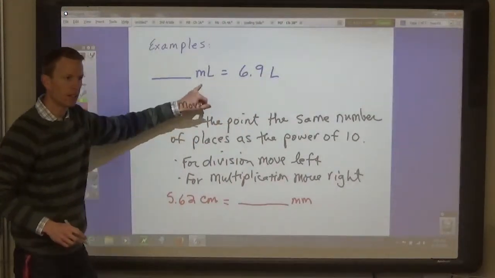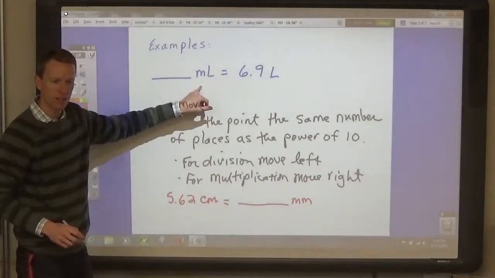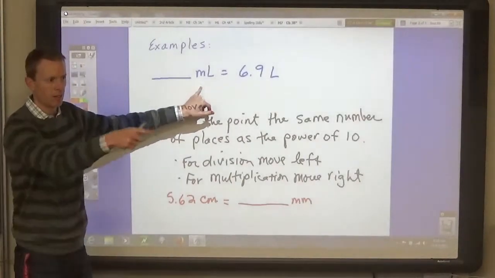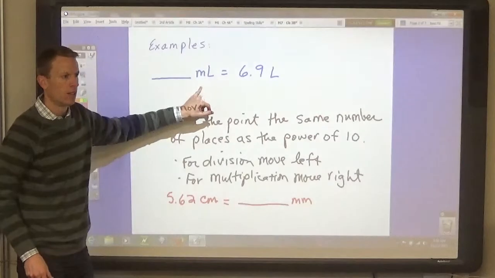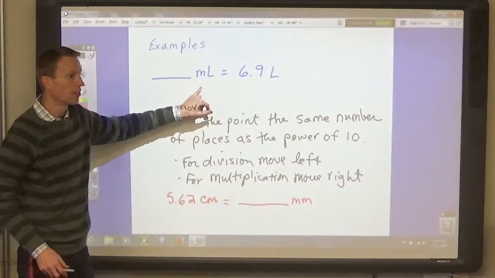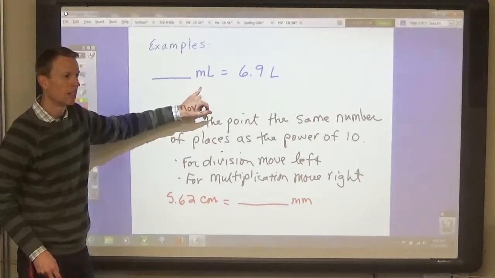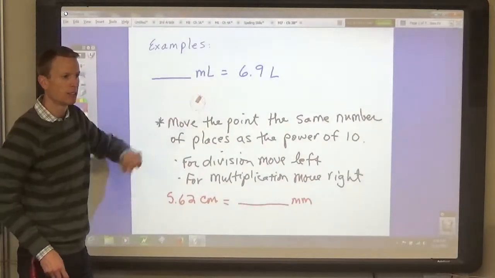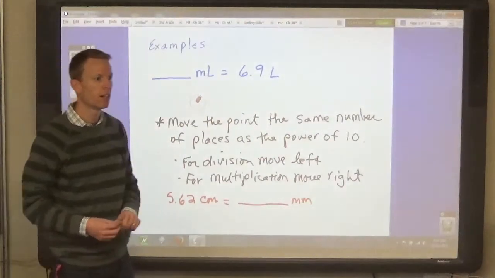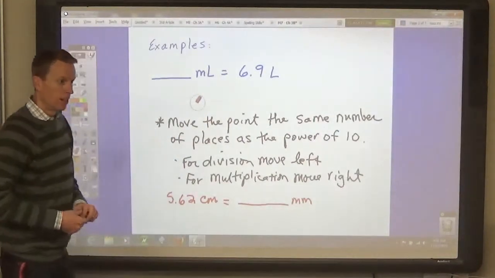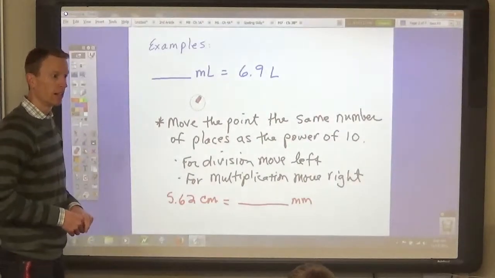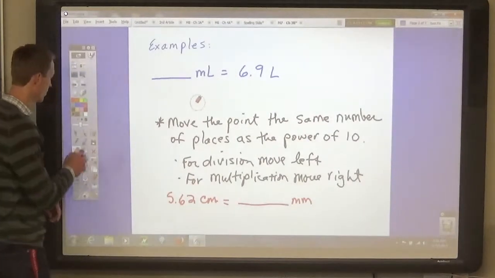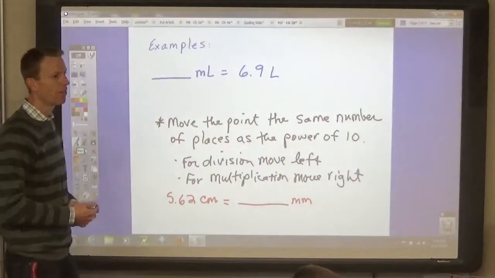Remember what milli means? It's a million. No, 1,000. These are all thousands. A milliliter is 1,000th of a liter. Sounds more like million.